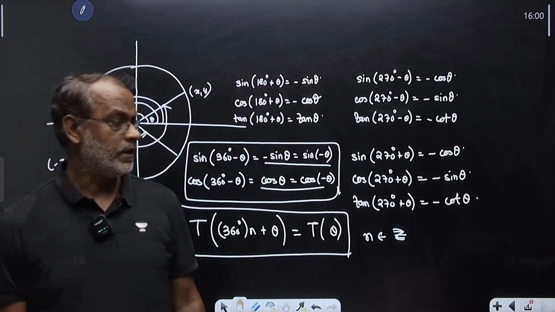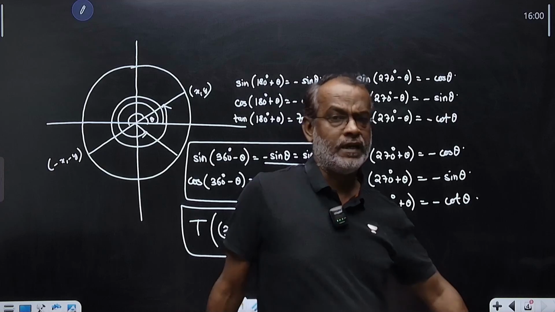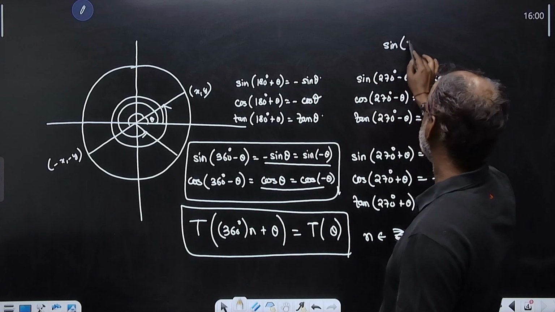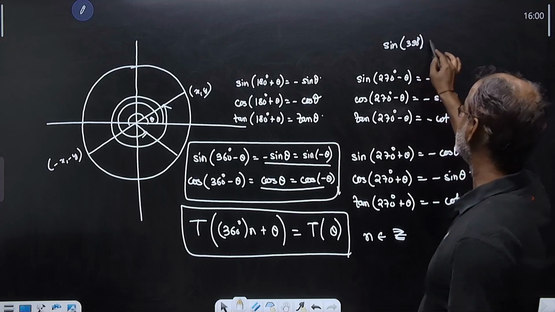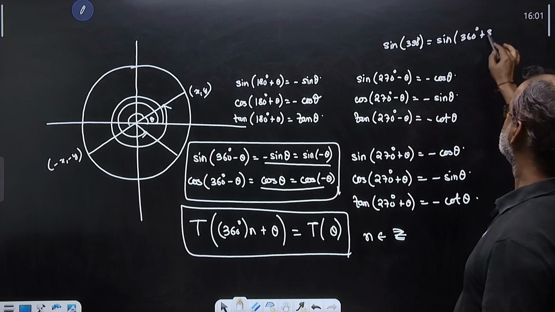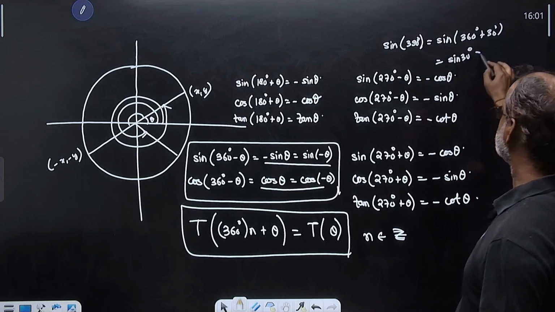Okay. So, for any multiple of 360 degree, suppose somebody wants to find sine 390 degree, it is nothing but sine 30 degree.